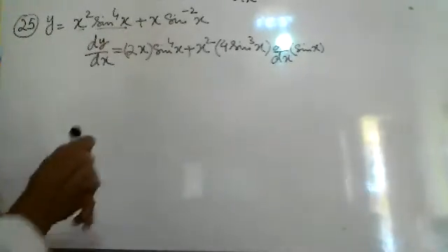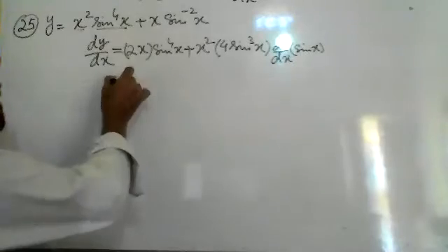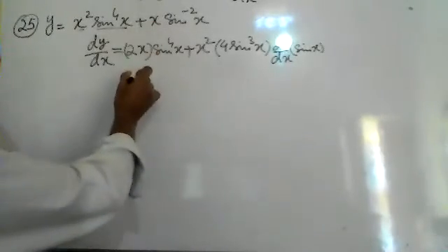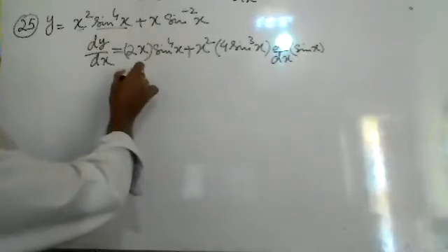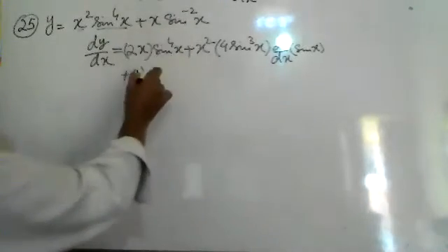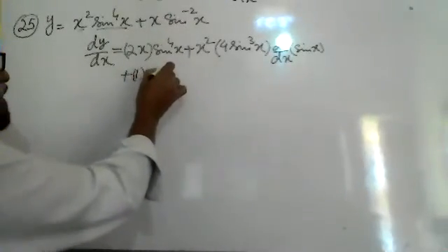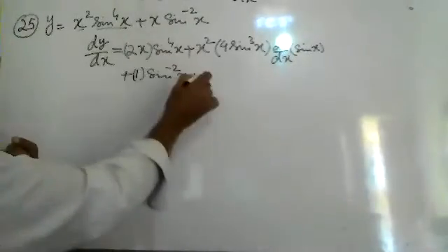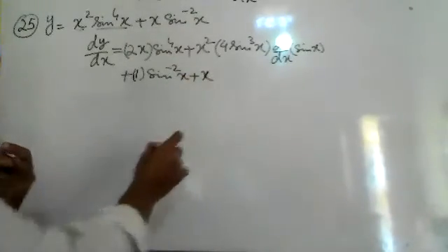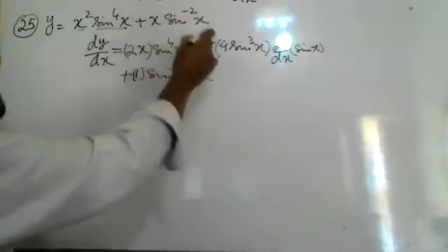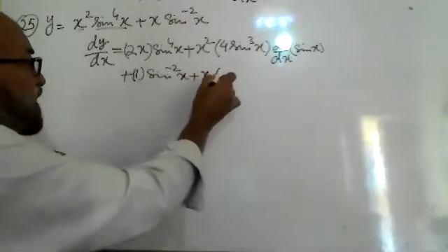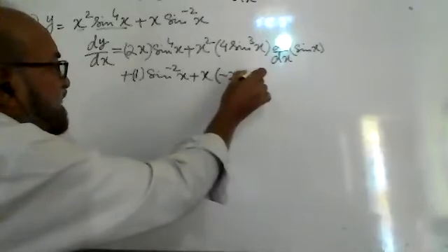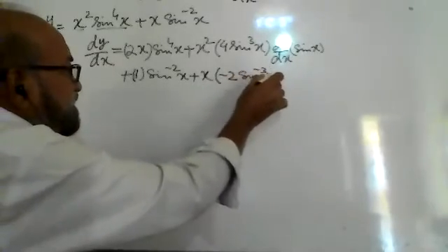Now the second one, there are also two functions. So the derivative of x will be 1 into the second function will remain as it is, plus the first function x will remain as it is, and the derivative of sine raised to power minus 2x will be minus 2 sine raised to power minus 3x.